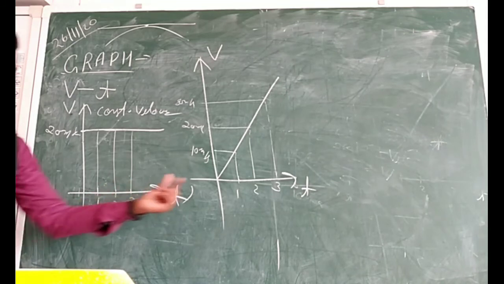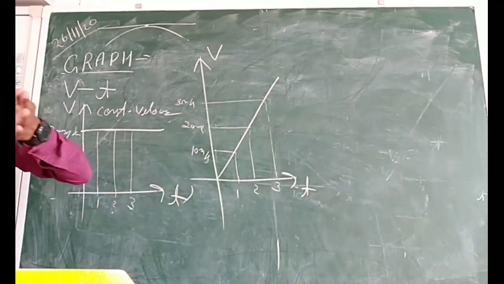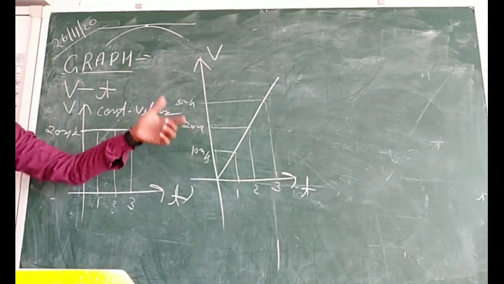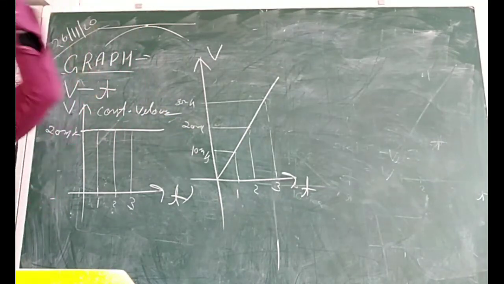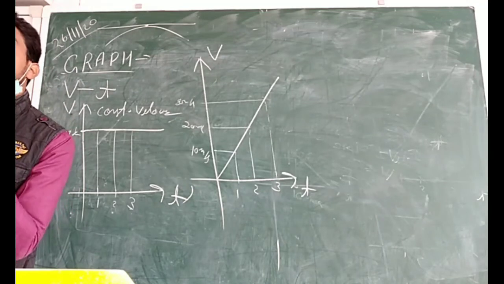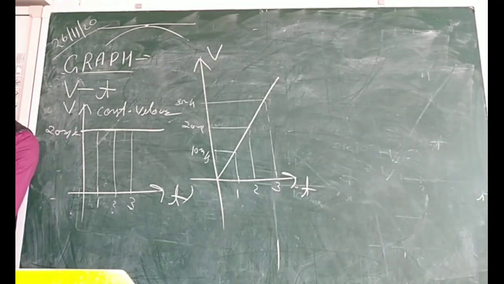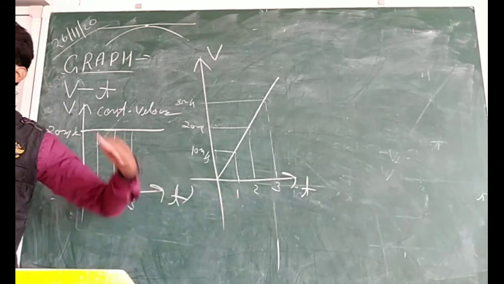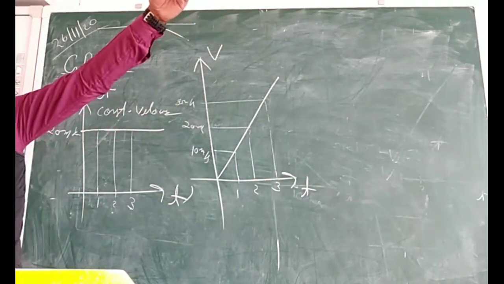In the first second velocity was 10. After 1 second velocity is 20. After 1 second velocity is 30. Means velocity of the body is increasing uniformly. Uniformly means in each second there is an equal increment in the velocity.